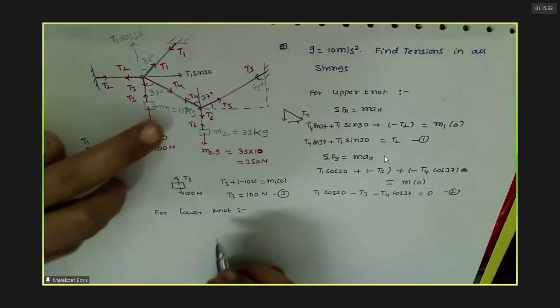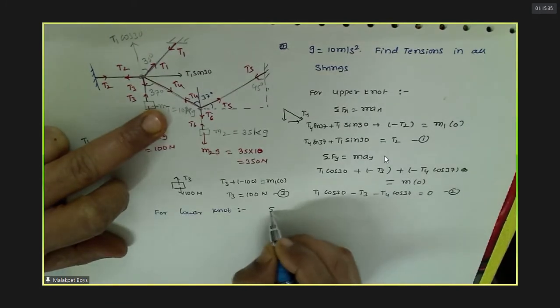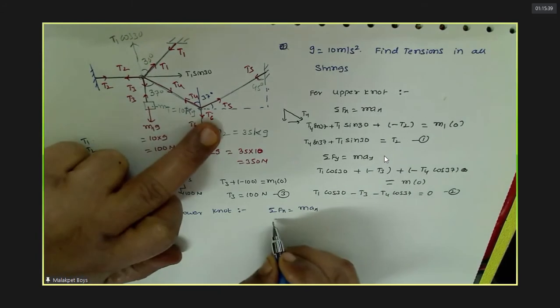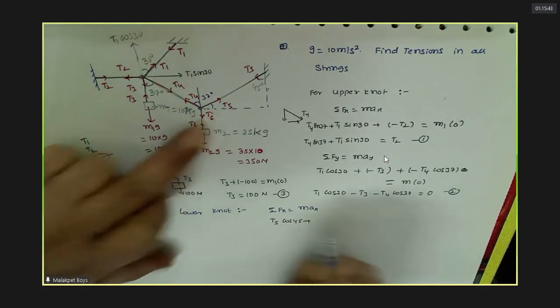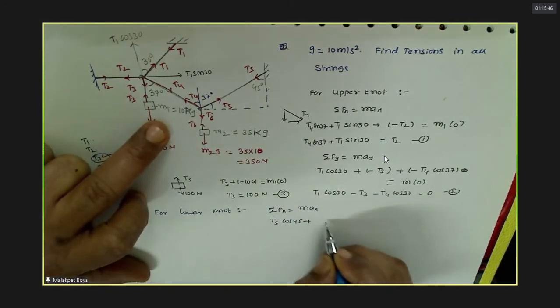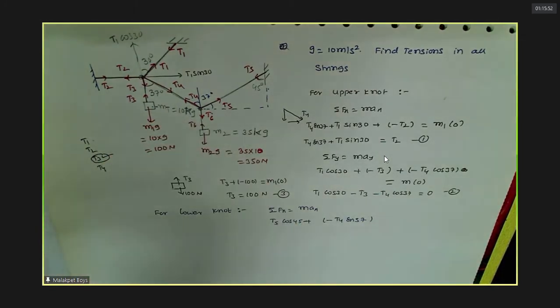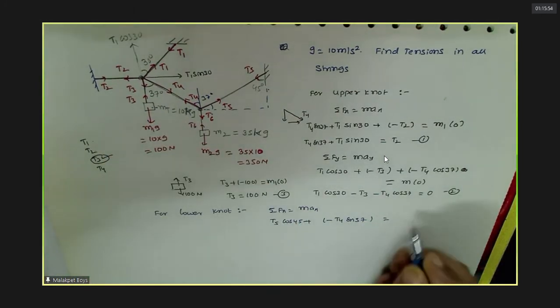I'll write directly sigma Fx equals m2 ax. So this is T5 cos 45 in the positive direction. Oppositely you have minus T4 sin 37. Any other force is there? That's all. Do you agree with this or not? Agree, sir.